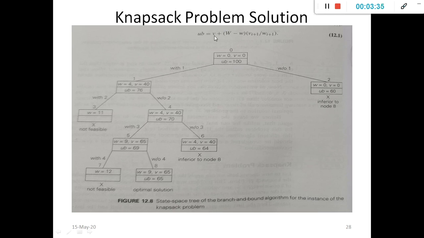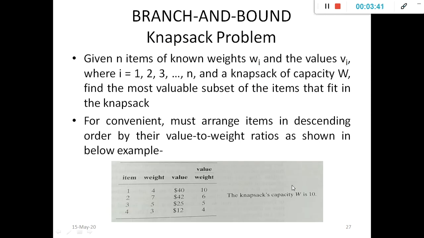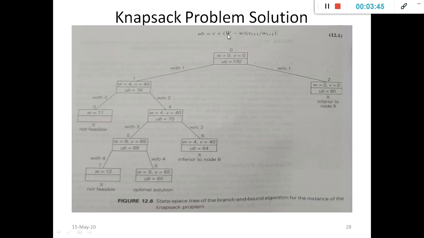Let us see here, v is equal to 0 plus the W value is 10. As you all know, the W value is 10, the given maximum capacity for this knapsack. That's why 10 minus the small w value, which is 0, into vi+1 divided by wi+1.